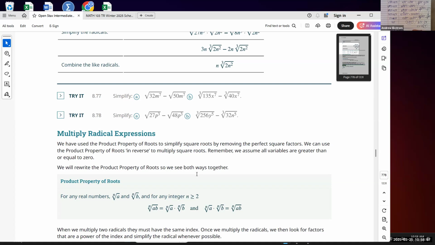And for the other one, we've got what? The cubed root of 135 x to the 7 minus the cubed root of 40 x to the 7.